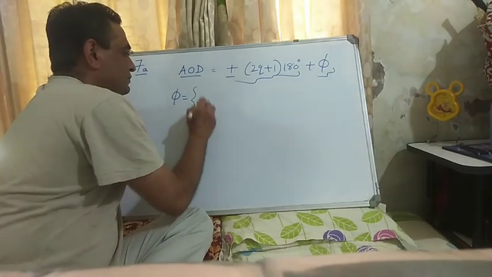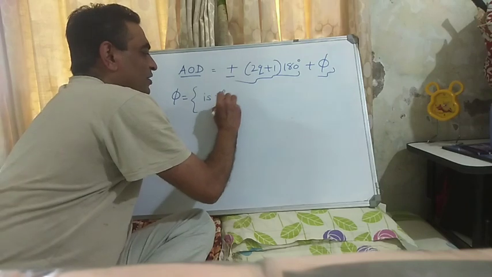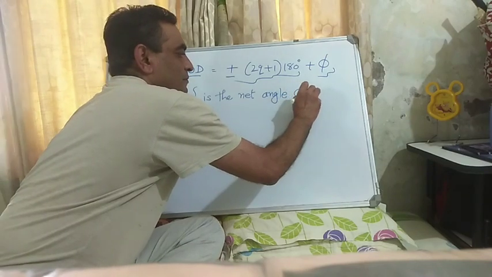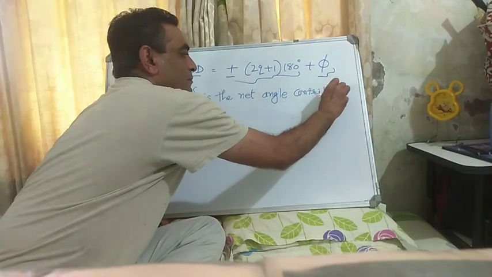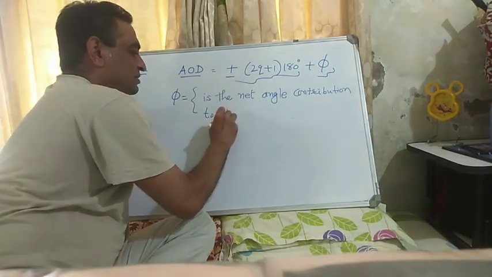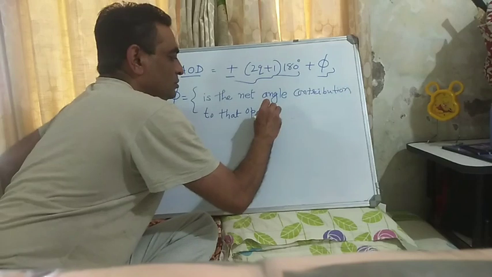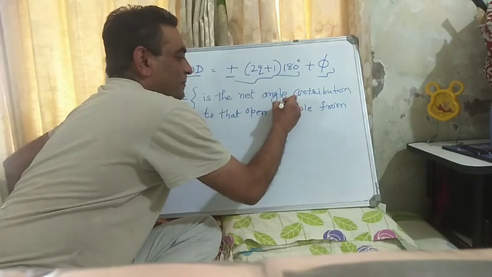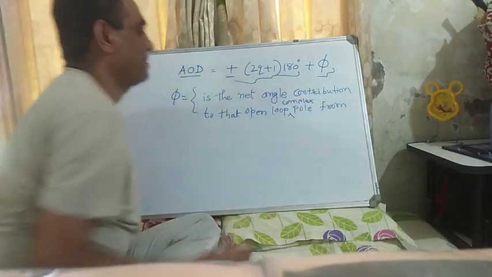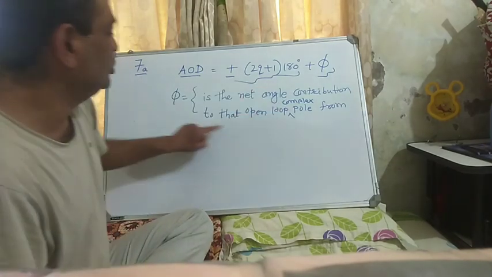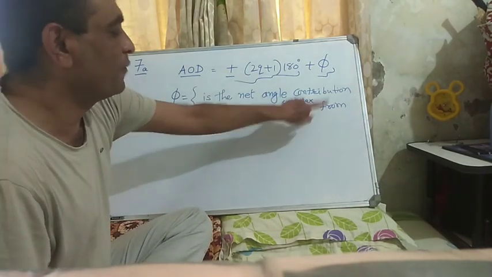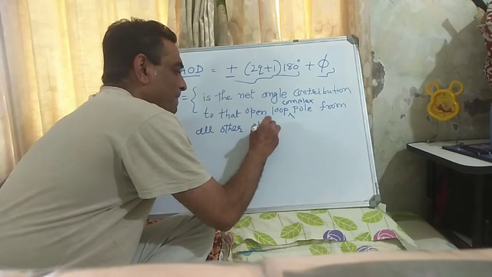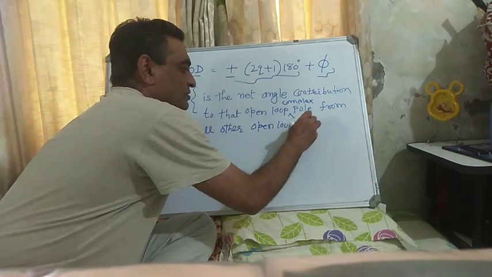Phi is the net angle contribution to that open loop complex pole from all other open loop poles and zeros.